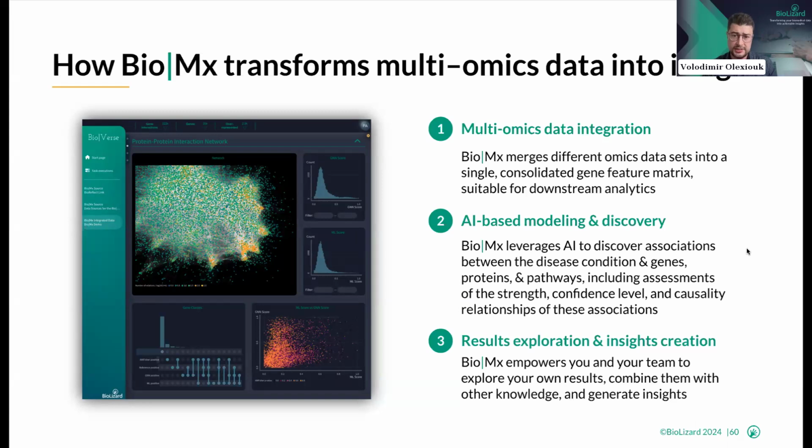And those three challenges were one of the drivers to create a new product, which is biomics, and to solve certain problems that we saw are particular for those biological multi-omics data types, and we need a solution for.